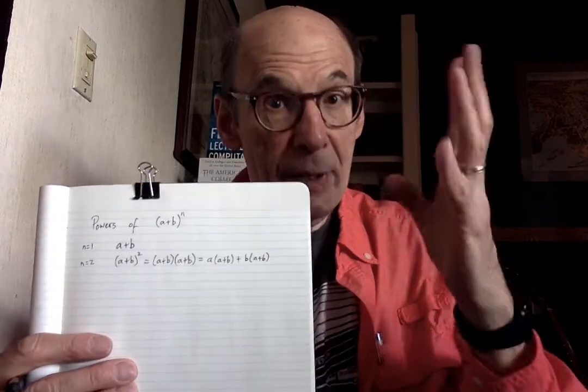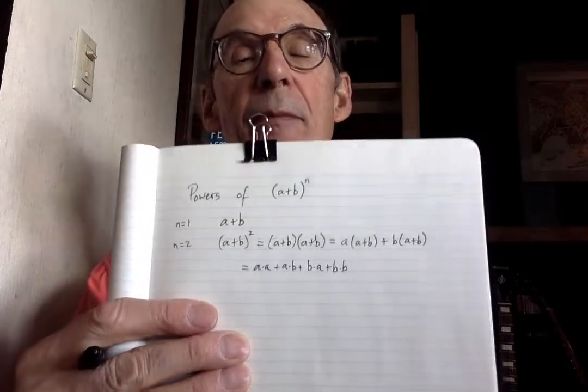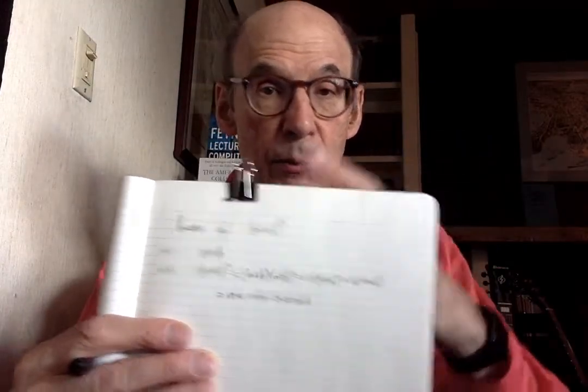And now I'm going to be super literal about this. What we have is a times a. I know you want to say a squared, but if you want to look for the pattern, you don't simplify. And then we have a times b, and then we have b times a, and then we have b times b. This is very literally moving blocks around, cut and paste.